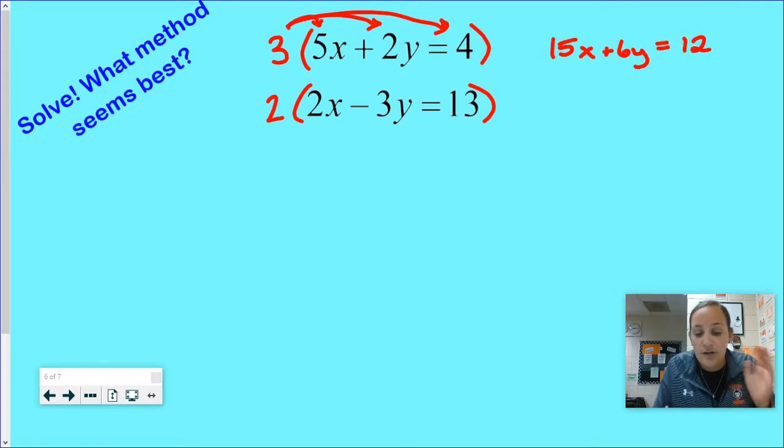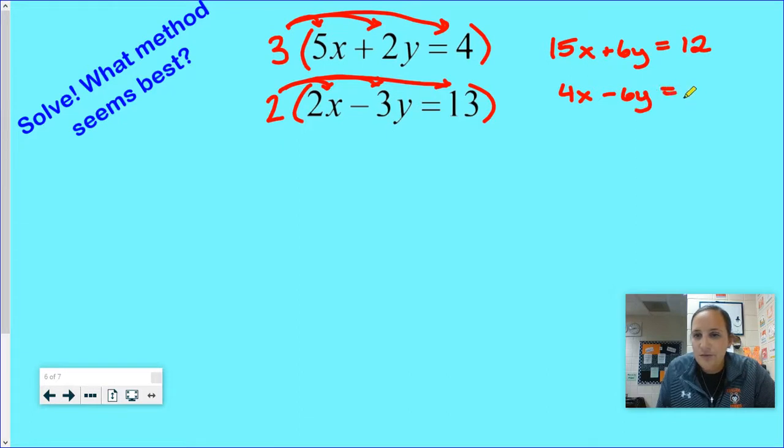And again, we're distributing all the way through. All right, and the next one, I'm going to distribute the 2 all the way through. So 2 times 2 is 4x minus 6y equals 26.